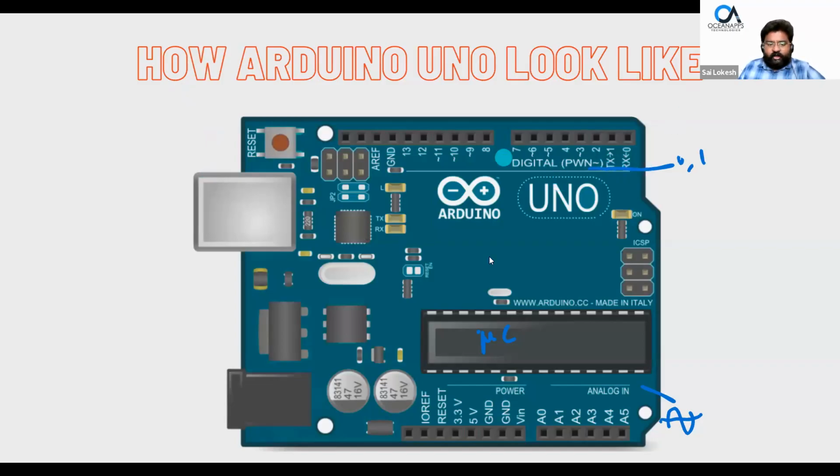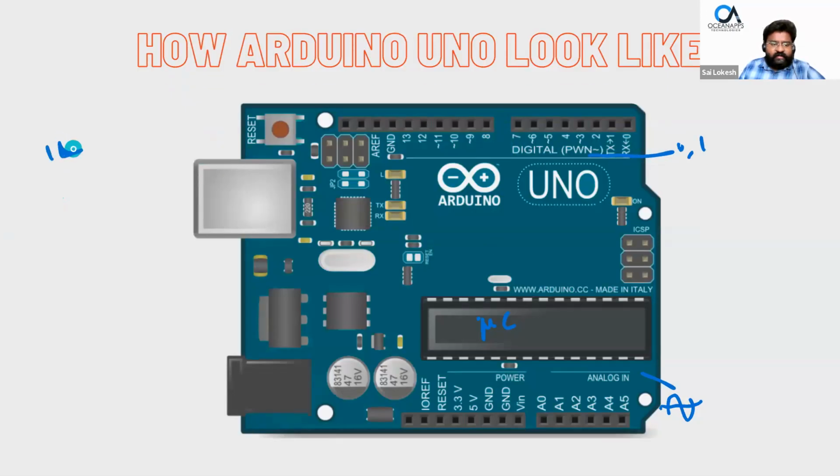In the Arduino board, we generally have 14 digital pins, starting from 0, 1, 2, 3, 4, 5, 6, 7, 8, 9, 10, 11, 12, 13. Starting from 0, it's 13 pins, but when we count 0, it's a total of 14 digital pins.